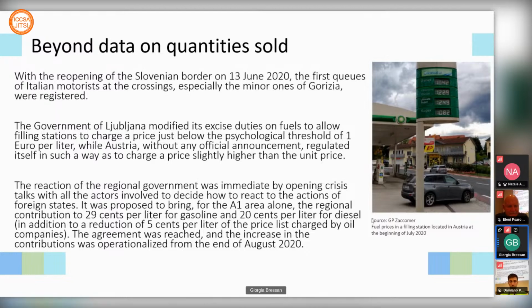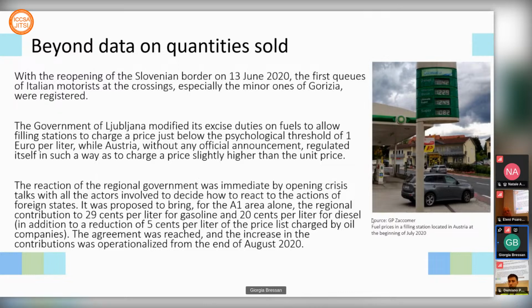There was a reaction by the regional government in Friuli Venezia Giulia, with the opening of crisis talks with all the actors involved in the market.